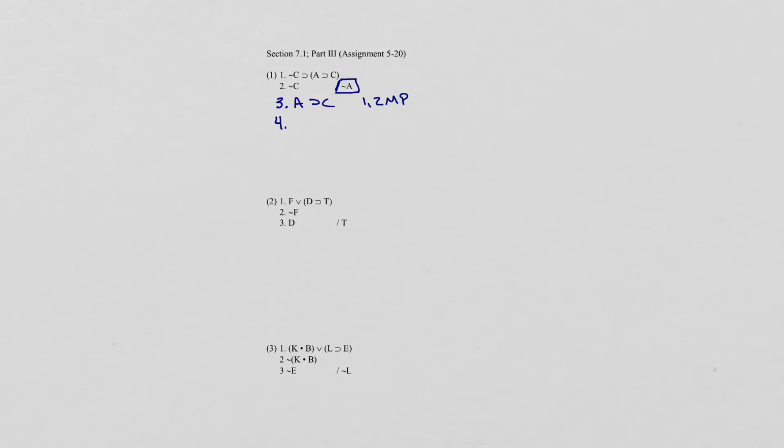And then if we look at line 2 and 3, we have the negation of the consequent for line 3, which means that we get the negation of the antecedent if we use lines 2 and 3 and modus tollens. And we won the game. They wanted us to get not A using the rules. Bam. We got it. And that's also how you know you're done.